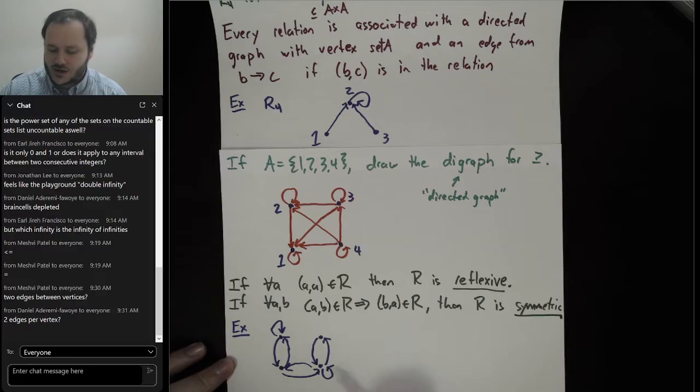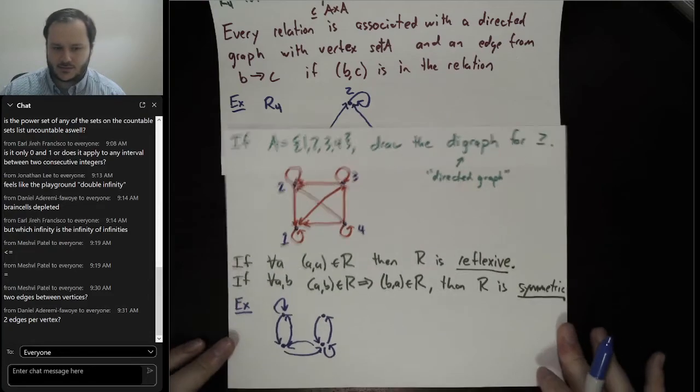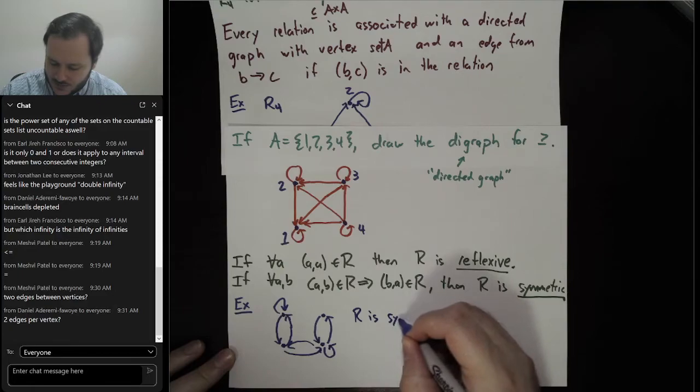This relation is symmetric because if there's an arrow from A to B, there's also an arrow from B back to A. R is symmetric.